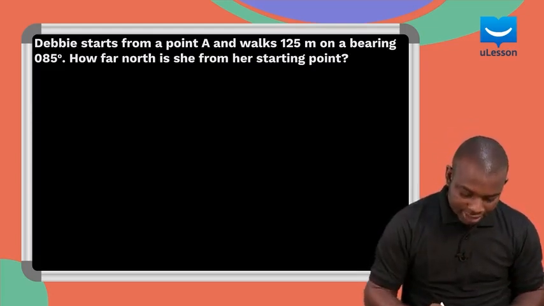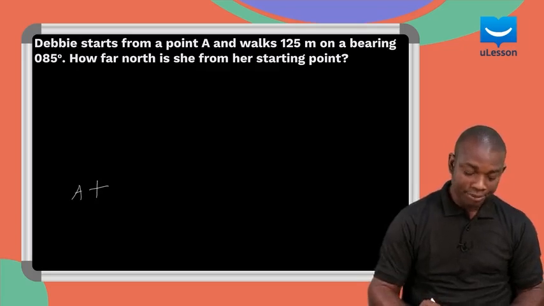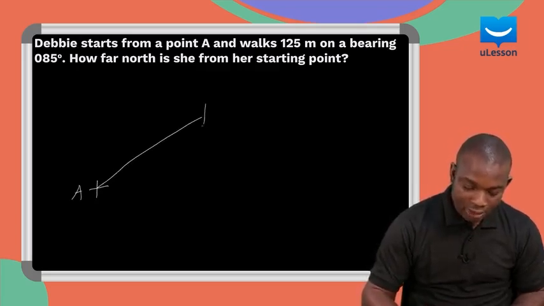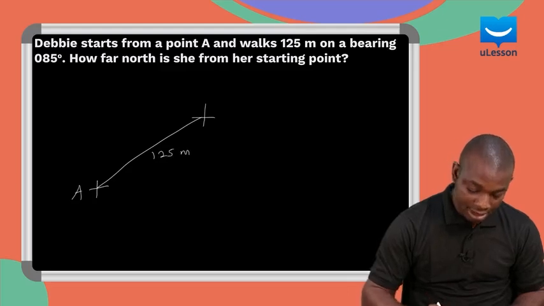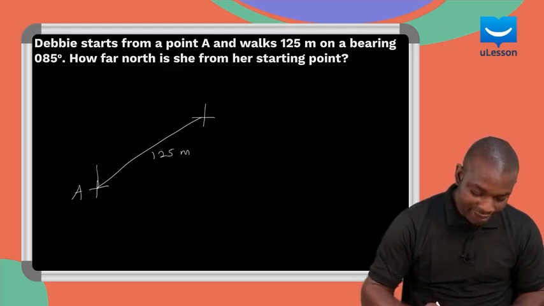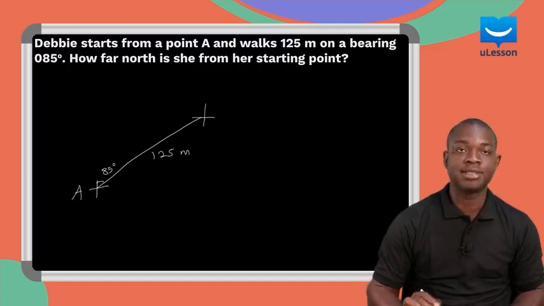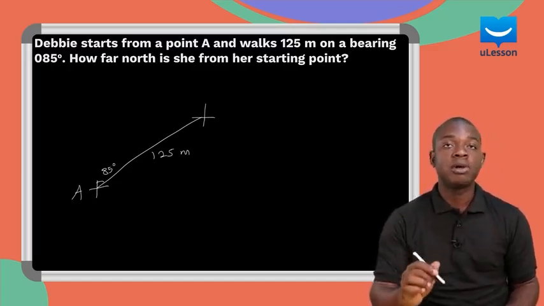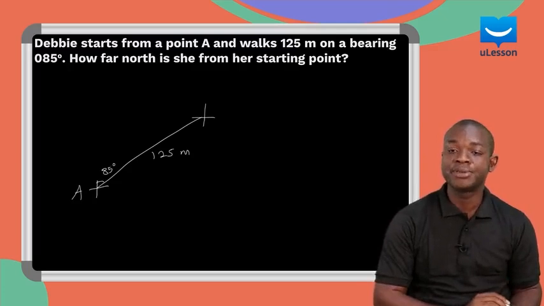So, if this is point A, where she started from, we are told that she walks a distance of 125 meters on a bearing of 85 degrees. So, we label that angle as 85 degrees. The question is asking us how far north she is from her starting point.